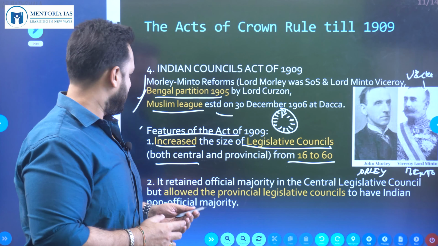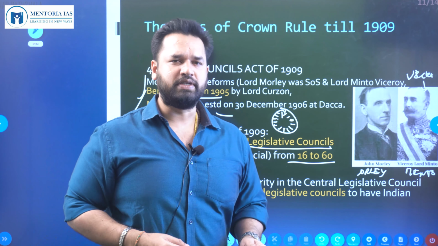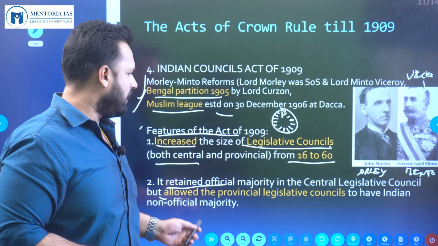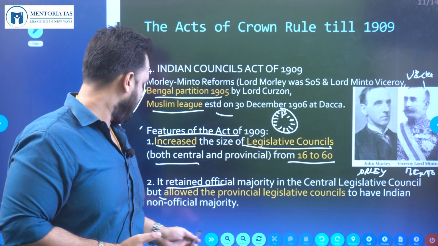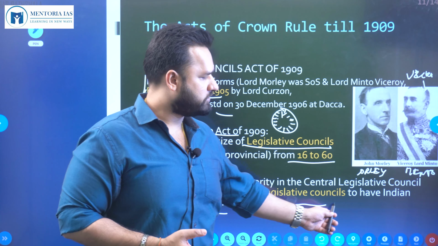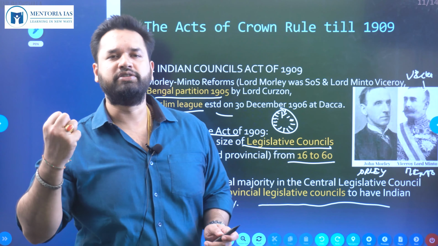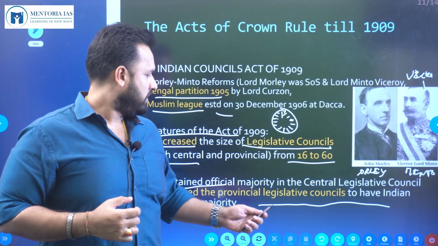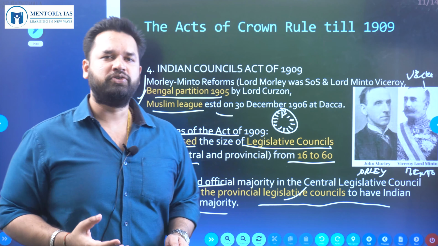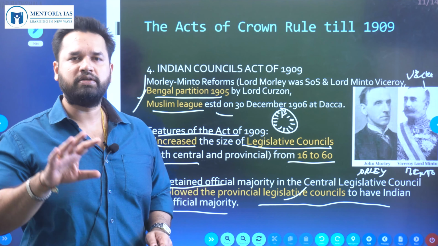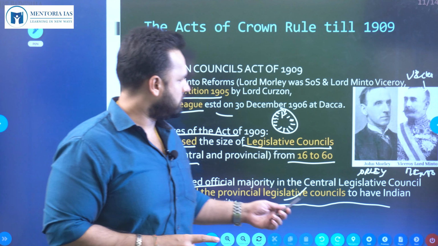It also retained the official majority in the central legislative council, but allowed provincial legislative councils to have an Indian non-official majority. You're understanding how the scenario is changing. The provincial councils were given the opportunity to have more Indians, but still a non-official majority. But that makes a difference.